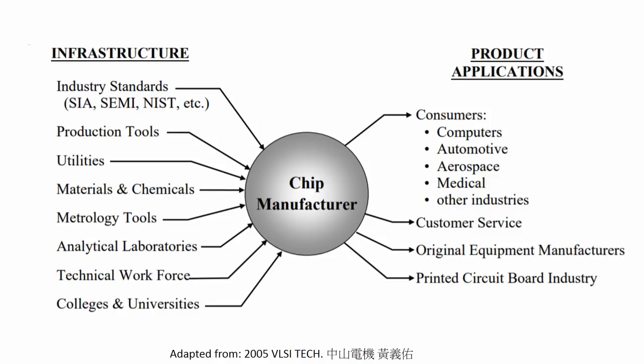So, it can help for technical workforce, it can help for metrology tools, it can be used for materials, chemicals, it can be used in utilities, production tools, it can be used for industry standards, SEMI, NIST, right, SIA, etc. So, chip manufacturing is a broad area, and a chip manufacturer is associated with a lot of things, not only infrastructure, but also product applications.